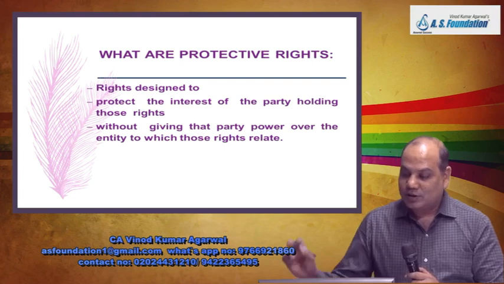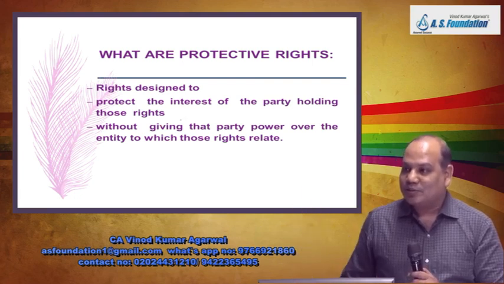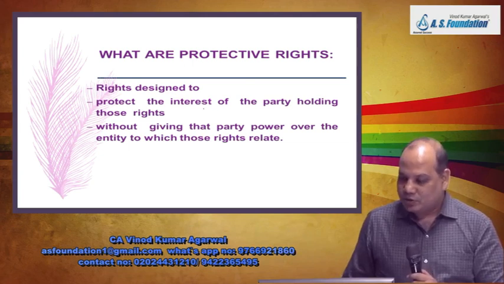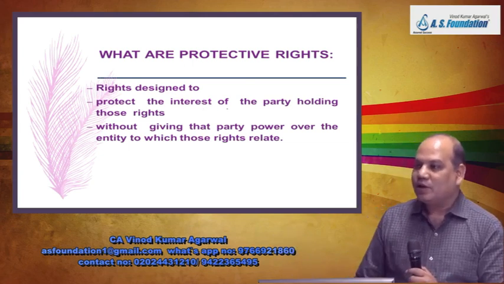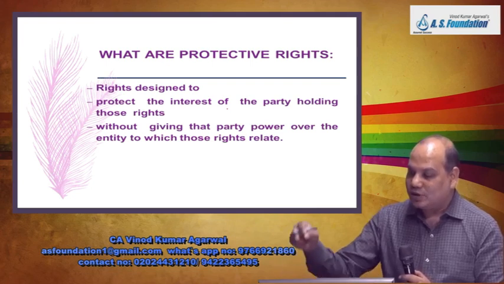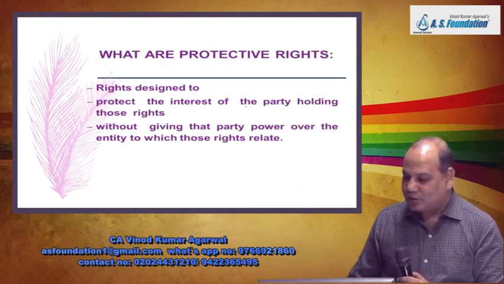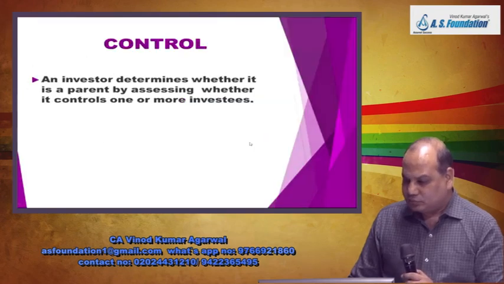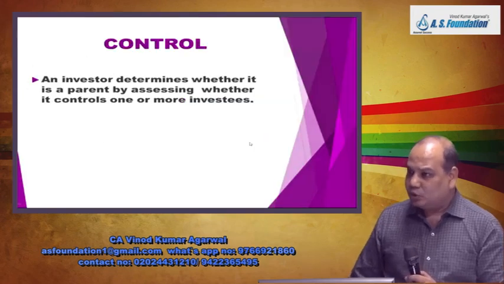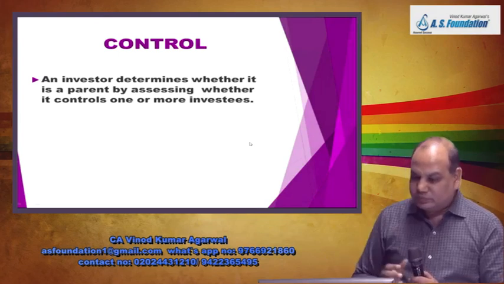Second, bank says, in case you don't pay the loan, we will sell your property, plant, equipment. These are protective rights. Otherwise, they will not interfere. Whom to sell, at what rate to sell, who should be MD, etc., they don't interfere in those activities, without giving power over the entity to which those rights relate. So they have limited rights only to protect their interest.